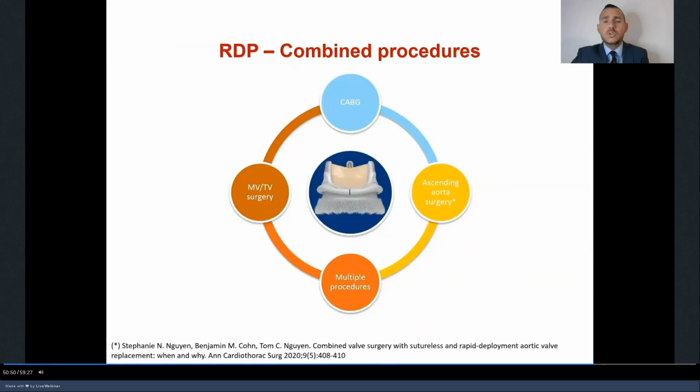But also, this type of prostheses is very useful in the context of combined procedures. And it's important to note that the Intuity valve is the only one that can be used in the context of an ascending aorta replacement, because the anchoring of the valve is at the intra-annular level and without any supravalvular support.